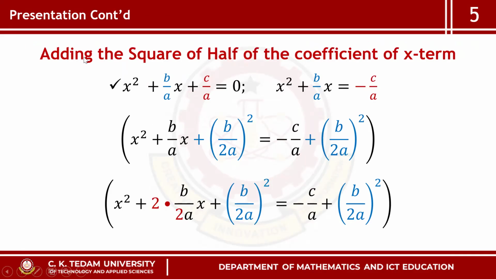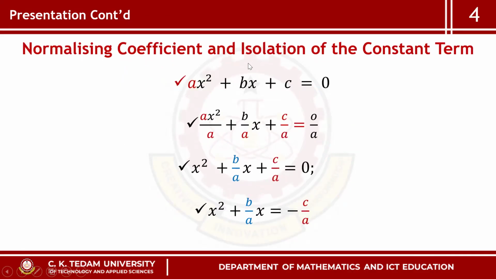what we'll be doing is that we'll be adding the square of half of the coefficient of the x term. Now the coefficient of the x term, I said in the last slide, x squared plus b over a x is equal to negative c over a.